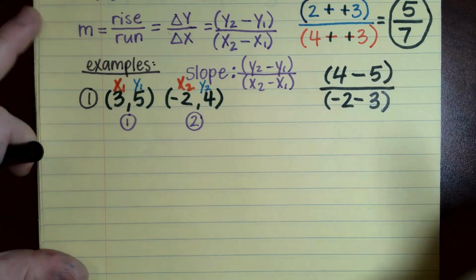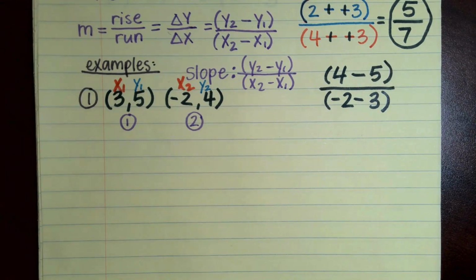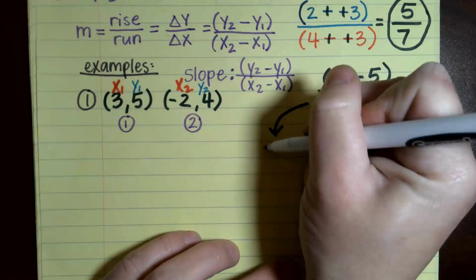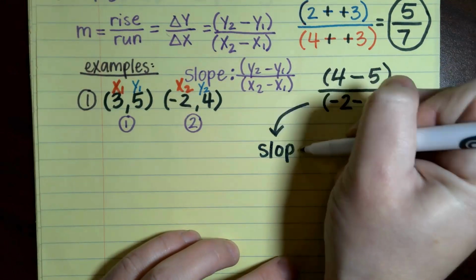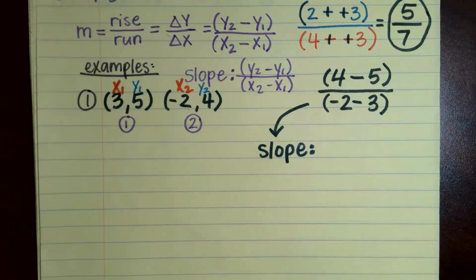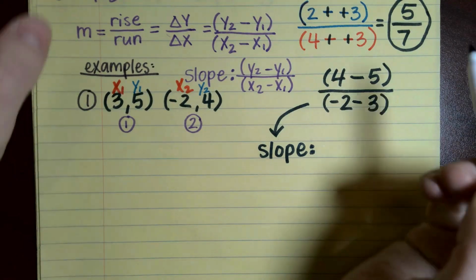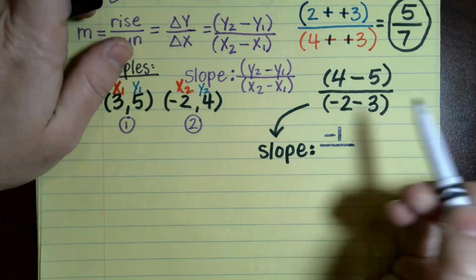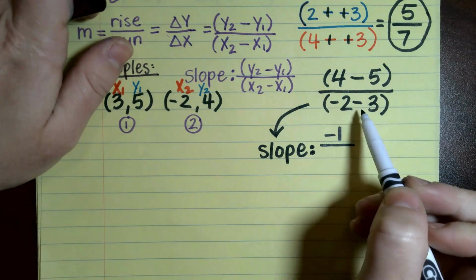We have our numbers plugged in. All we have to do now is solve. So I'm going to write here slope equals, what is 4 minus 5? -1. And what is -2 minus 3?